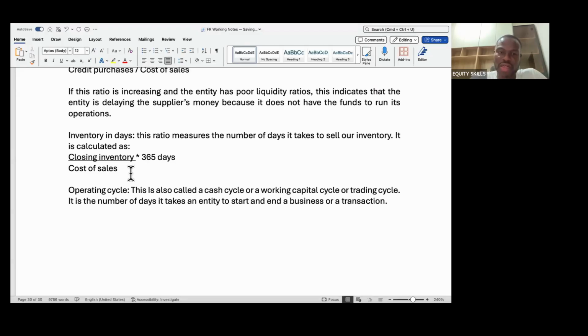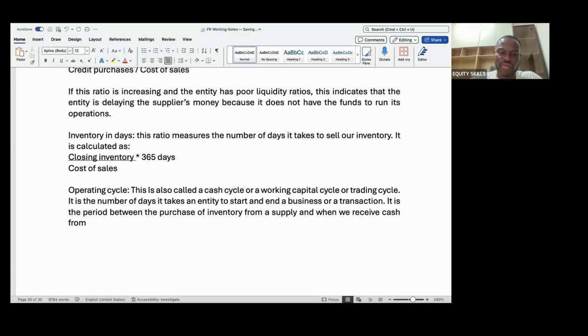That period, or it is the period between the purchase of inventory from a supplier and when we receive cash from our customers.